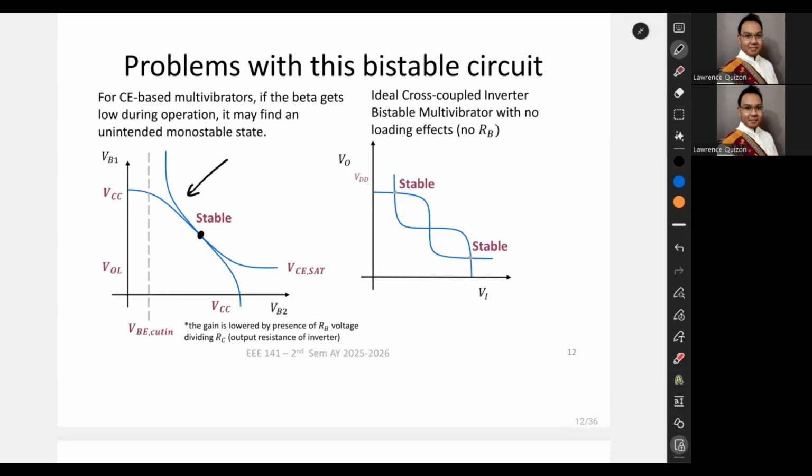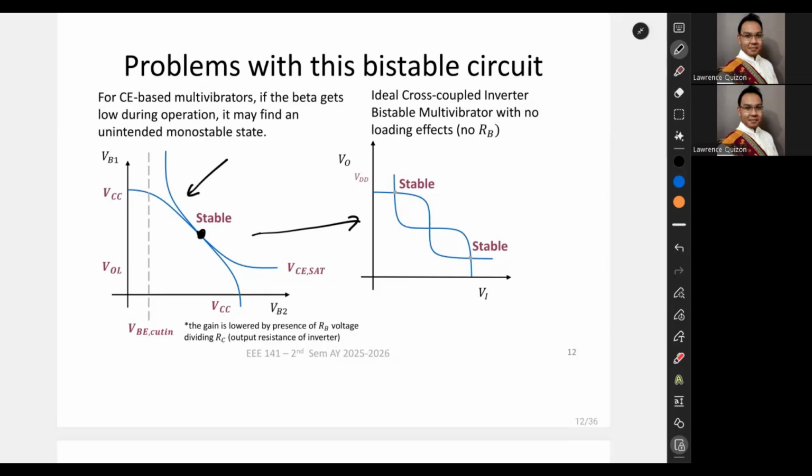Then you find a stable state that is just one stable state during startup, and then you're doomed, right? Because it's no longer a bistable multivibrator as opposed to this one. This one is what's supposed to happen if the beta was working properly. So you can get stuck in some sort of stable state.